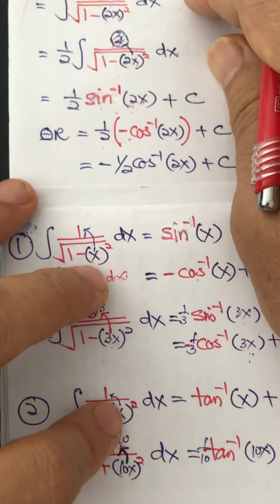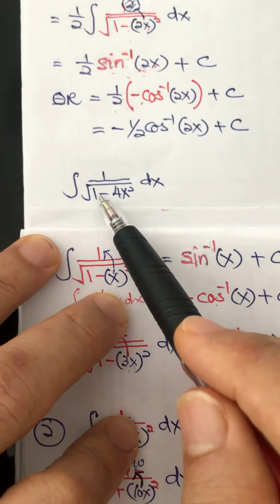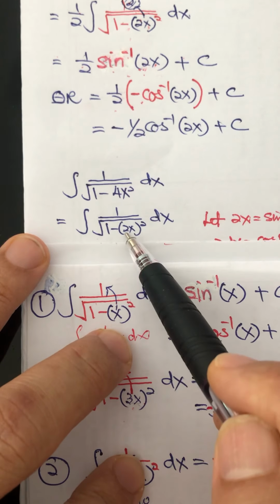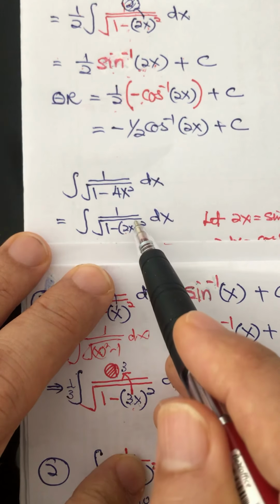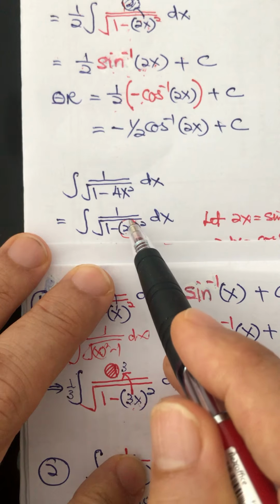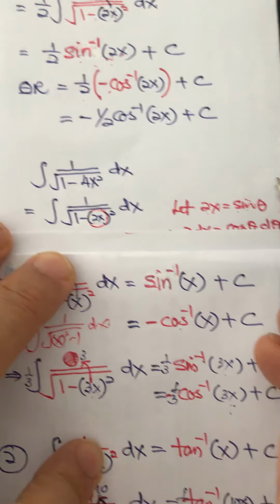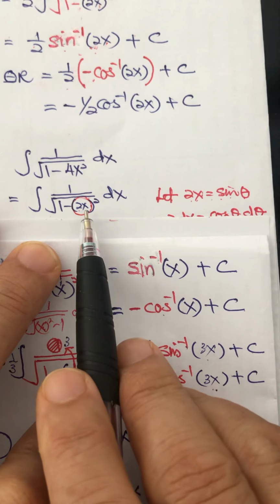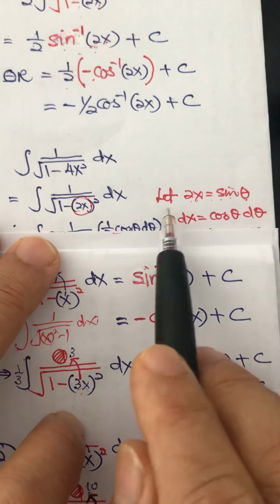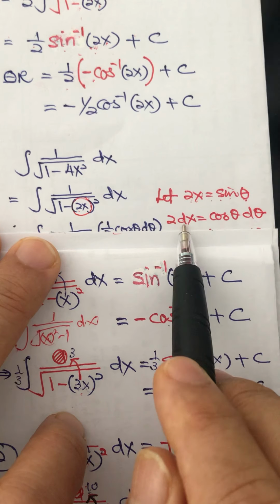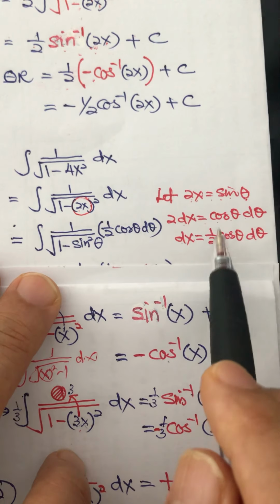But what happens if you don't want to memorize, you want to show the working? You change it like this. Because this is arc sine, you substitute the bracket, 2x, to be sine theta, using integration by substitution. Then you differentiate: 2 dx equals cos theta d theta, so dx will be half cos theta d theta.